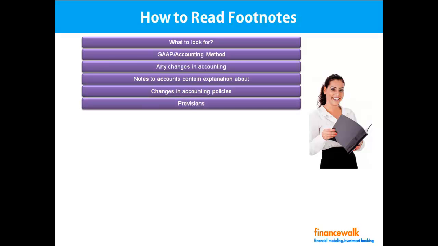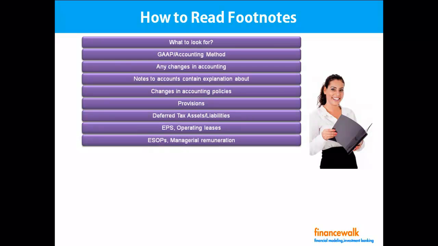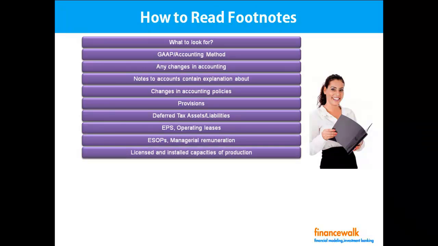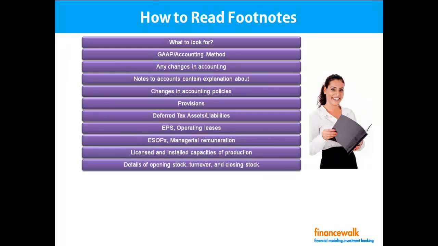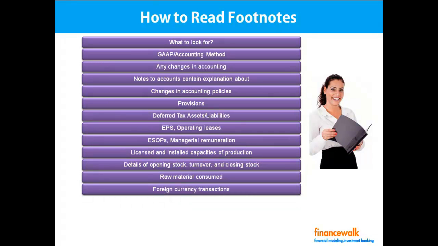Then provisions, deferred tax assets or liabilities, EPS or operating leases, ESOPs or managerial remuneration, licensed and installed capacities of production, details of opening stock, turnover and closing stock, details about raw material consumed, any foreign currency transactions and any hedging or any risks related to that.